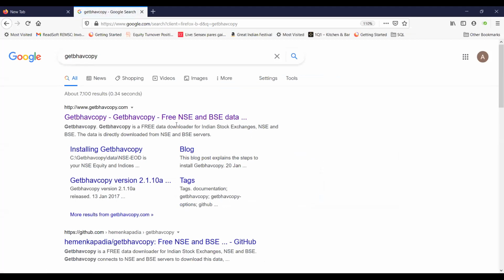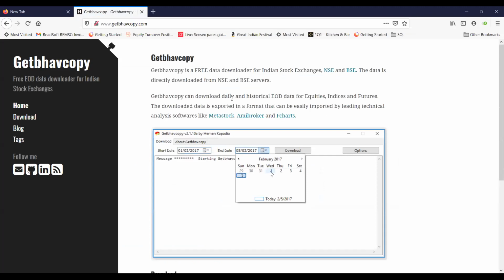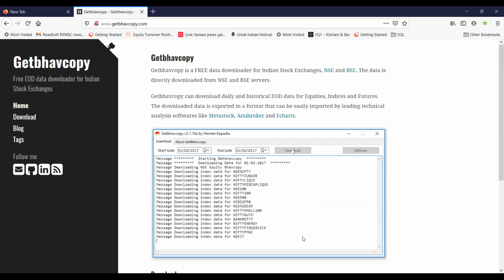See, this one, you can install it on your Windows machine. And you will get the daily download of prices for all shares, the entire Bhav copy, no? It will come every day.